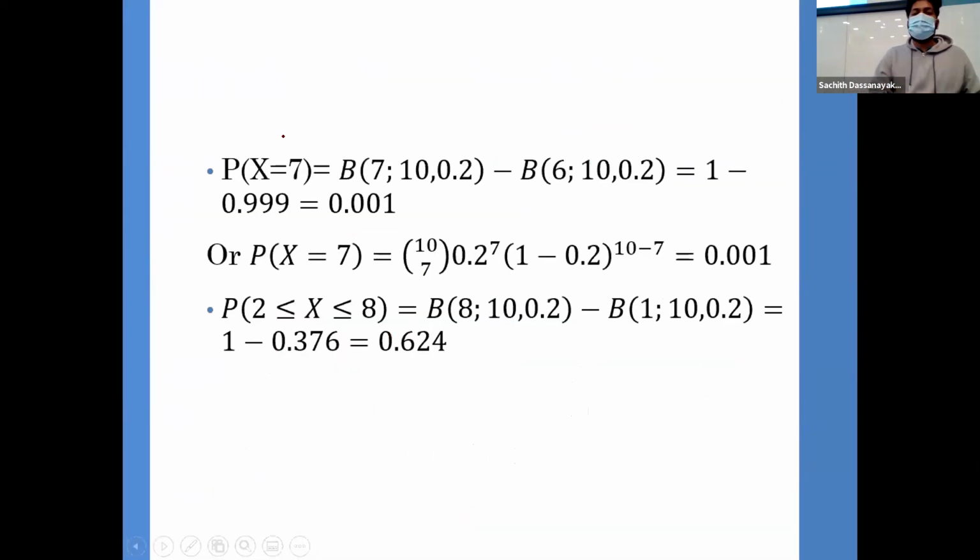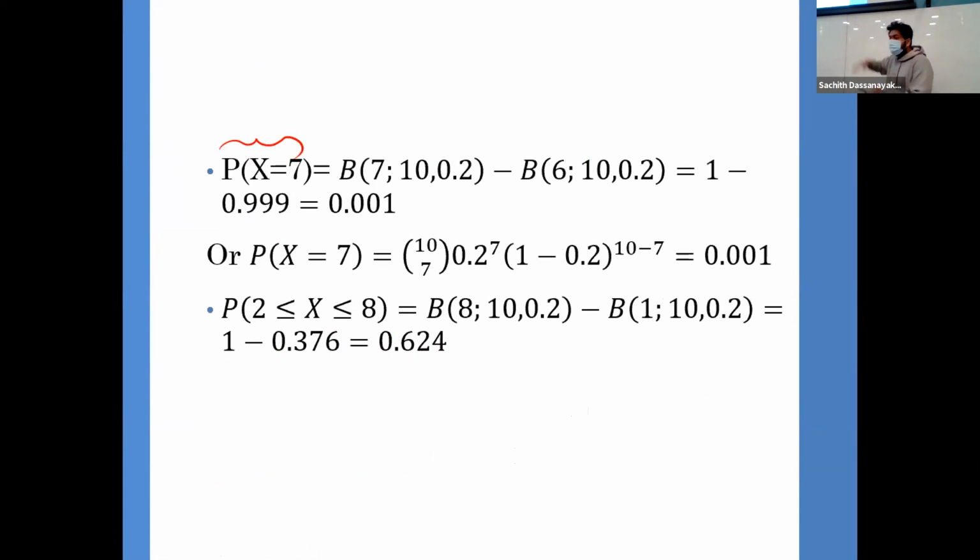Next one, x equals 7. Remember how we find the probability of a point using the CDF. It comes from 5 to 6, jumps at 6, 6 to 7, jumps at 7, right?